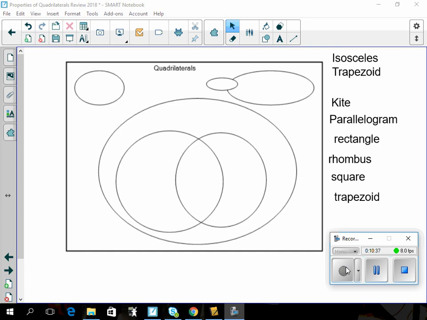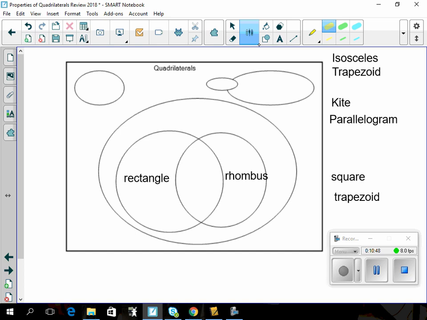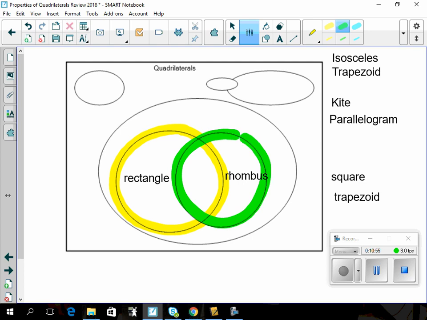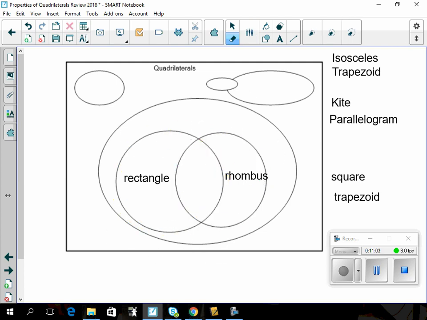That's right. So in other words, if you look at the way these are set up, do you agree that if I have the rectangle circle, which would be here, and I have the rhombus circle, which is here, where do those two things overlap? In the middle. So that means that's where the square goes, exactly.